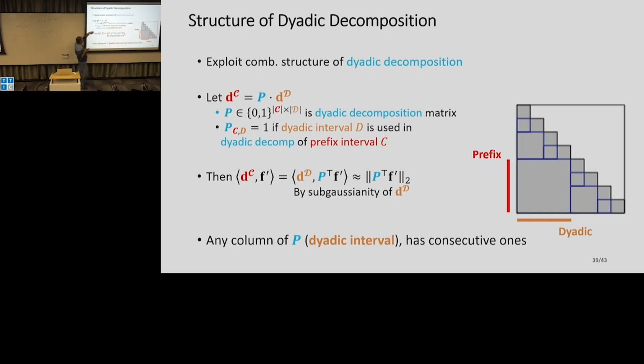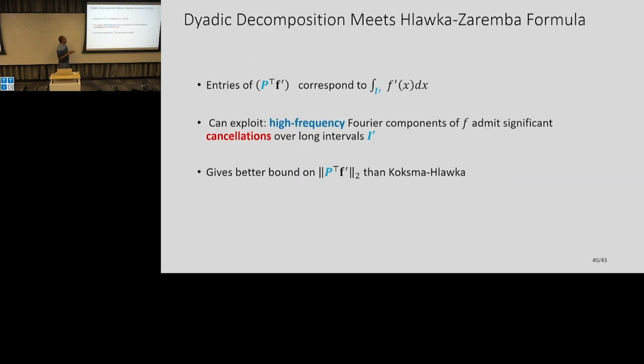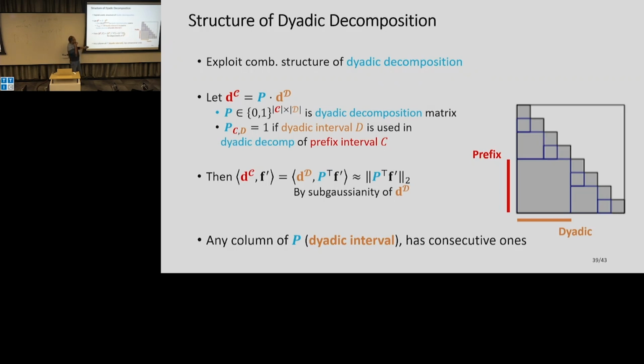Let me say one thing. I can express the discrepancy of prefixes as some matrix times the discrepancy of these dyadic rectangles. It is just some explicit matrix which looks like this. So you can write this inner product: the prefix discrepancy is P times the dyadic discrepancy, so I can move P to the other side. It turns out this P transpose has some nice combinatorial structure: each column corresponds to an interval.